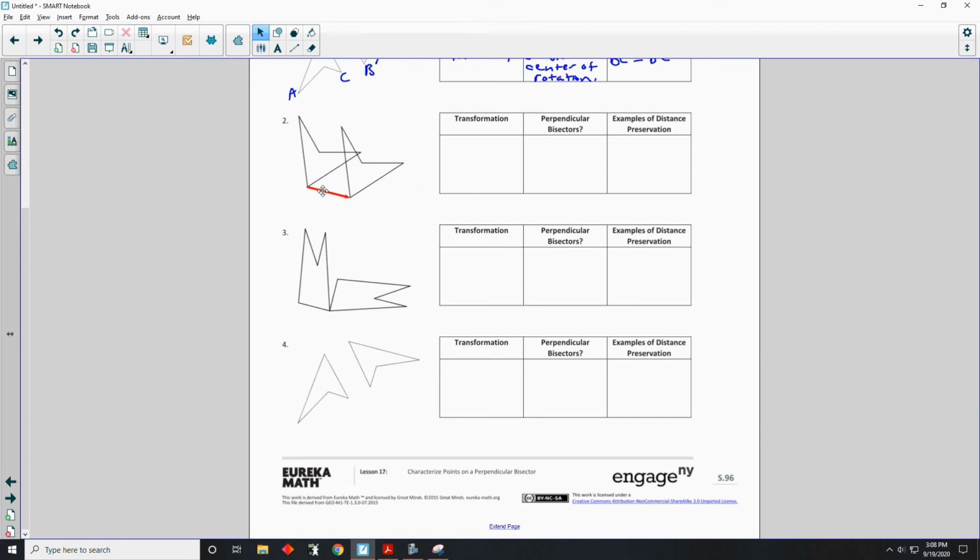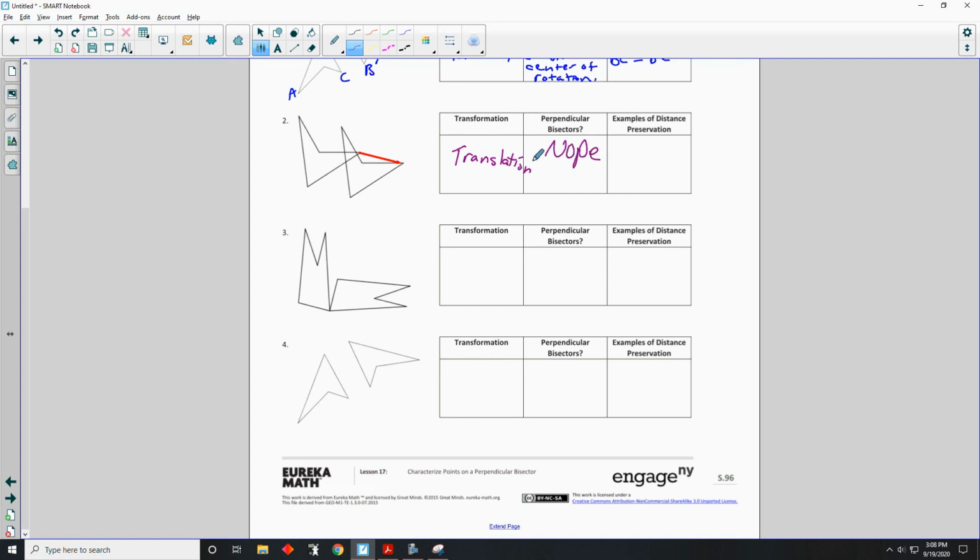So that distance there and that direction should be the same for every single point, like there, and right here, and right here. So that is definitely a translation. Perpendicular bisector? Nope.